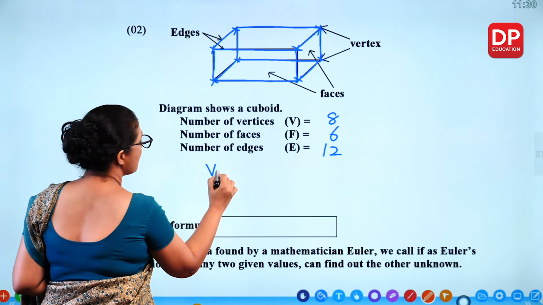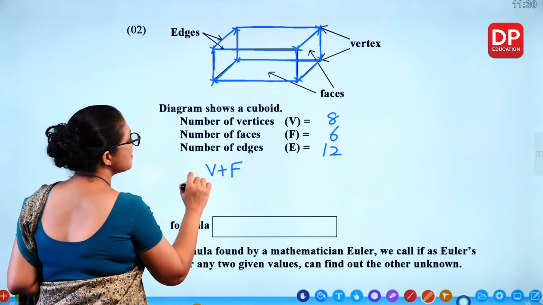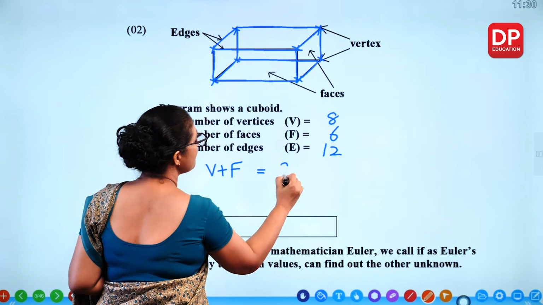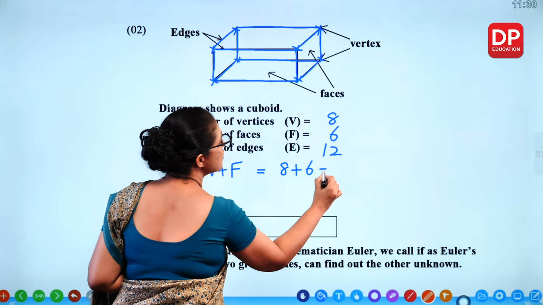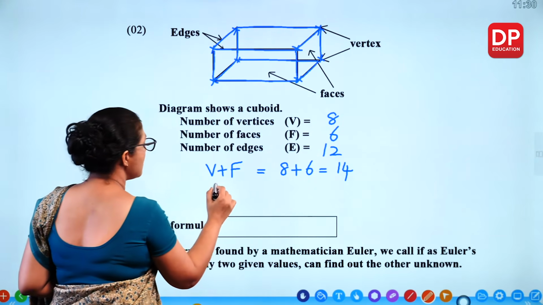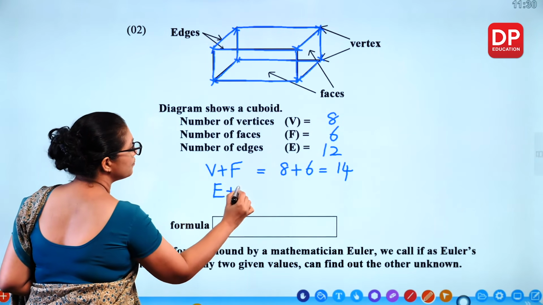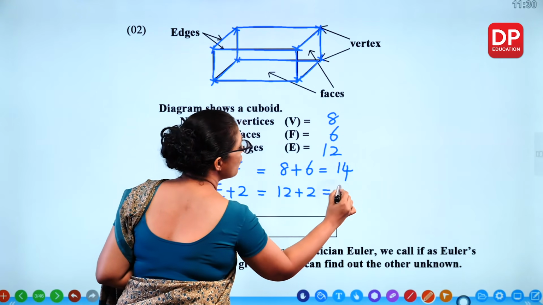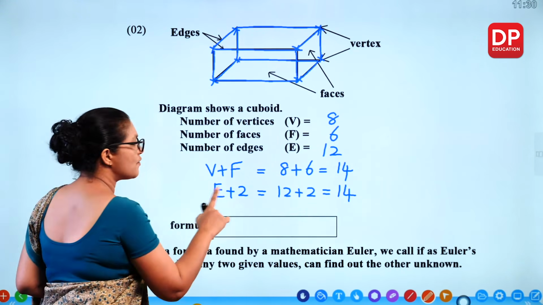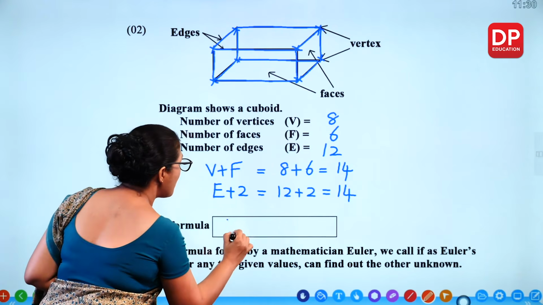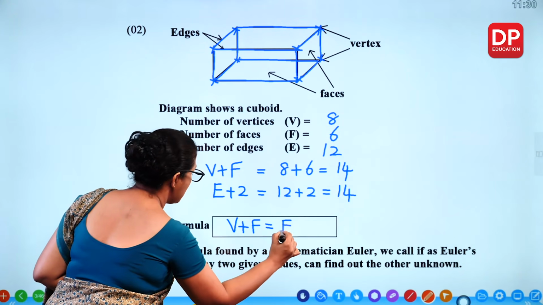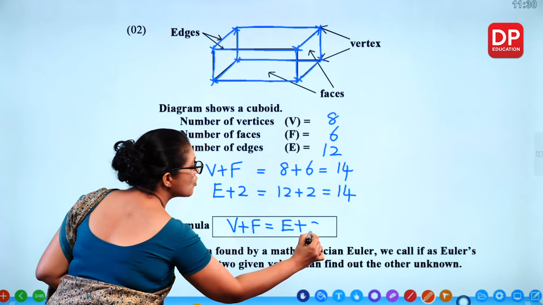What's V plus F? Vertices plus faces is 8 plus 6, that's 14. E plus 2, 12 plus 2, that's also 14. Now what can we see? V plus F is E plus 2.